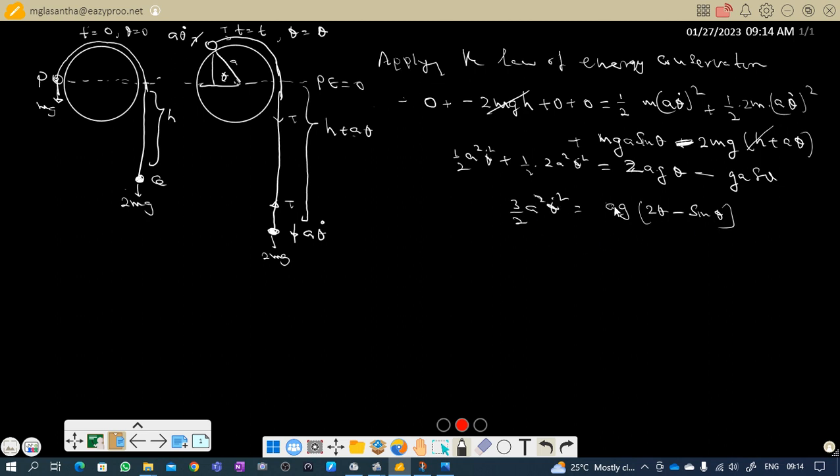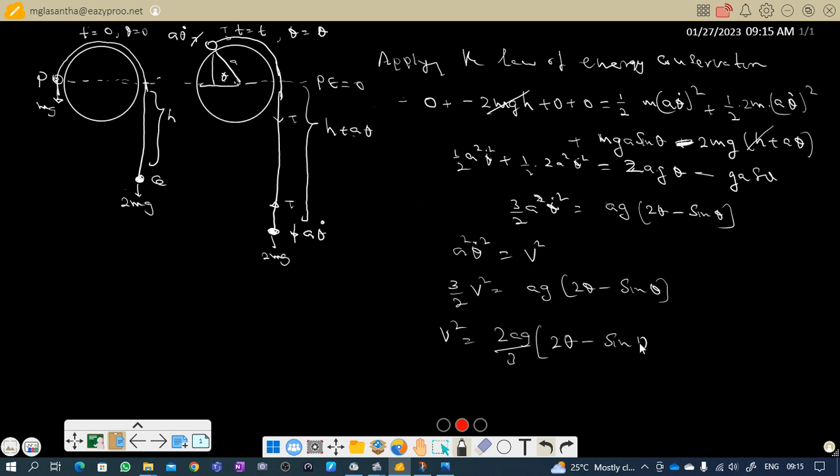So a theta dot, you just put v. You can put 3 by 2 v squared equals ag times 2 theta minus sin theta. So v squared equals 2ag by 3 times 2 theta minus sin theta.